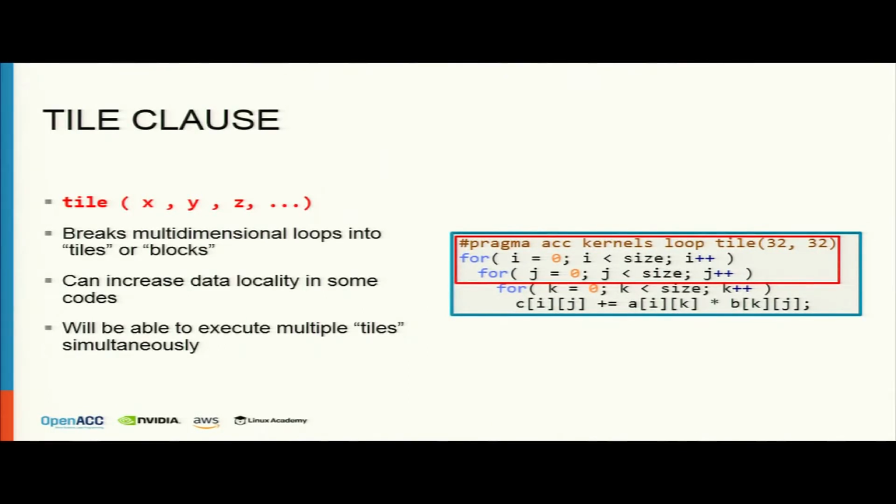To give an example, people from the graphics world would understand this: texture exposes 2D locality. There is also a separate memory called shared memory, which can help in getting 2D locality much better. So if you provide this tile clause, there are chances, based on the hardware architecture where you are running it, that it will give you better performance.